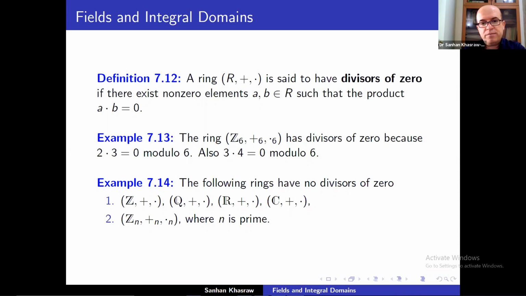For Zn, if n is prime, then Zn has no divisors of 0. As we can see above from example 7.13, Z6, because 6 is not prime, has divisors of 0. But in the case when n is prime, Zn has no divisors of 0.